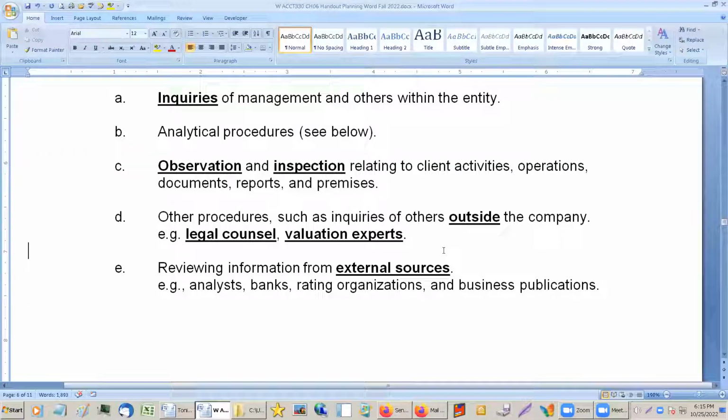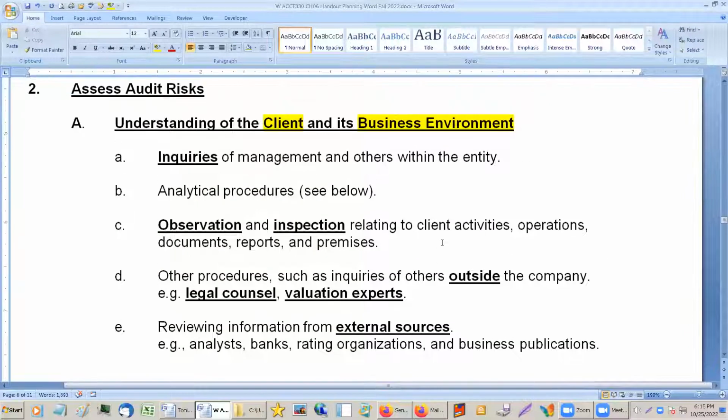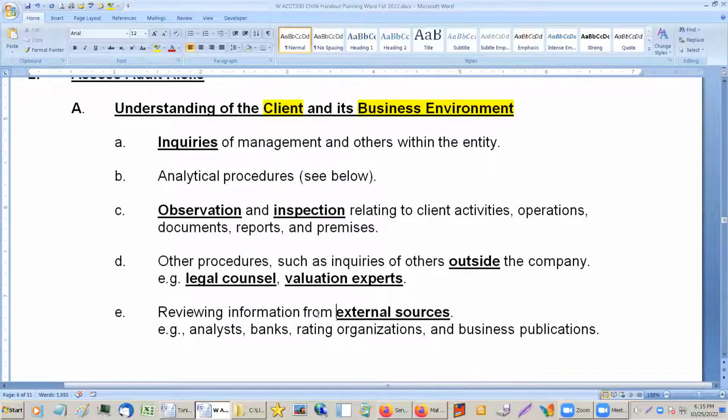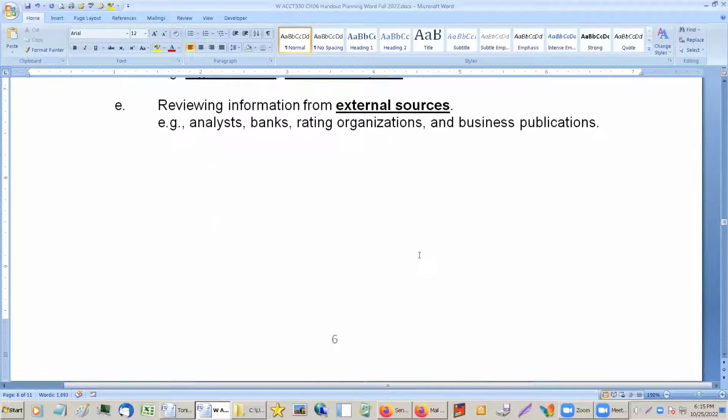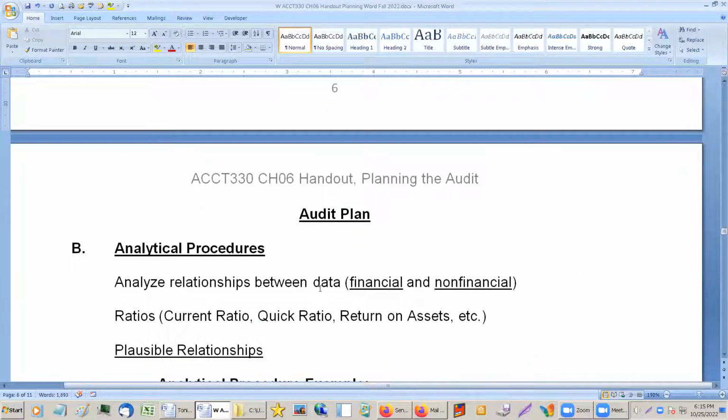Well, that could be a perceived pressure that might influence how they present the financial statements. So sometimes the external forces, even though they don't have much to do directly with a company, may have an influence on the company because of who they are.